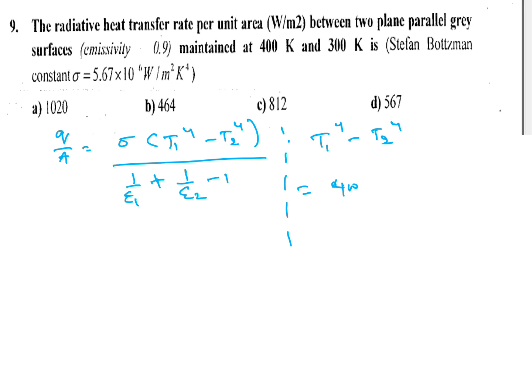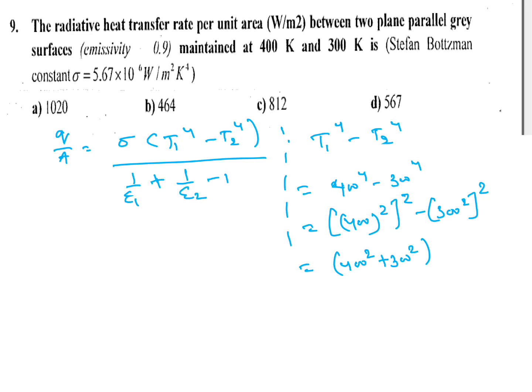T1 is 400 Kelvin, T2 is 300 Kelvin. It's 400 square minus 300 square, A square minus B square, so A plus B into A minus B. 400 square plus 300 square is 500 square, into again A square minus B square, 400 plus 300 into 400 minus 300.